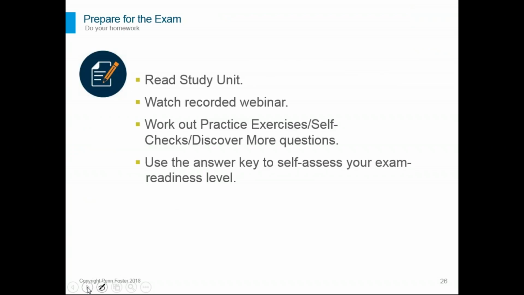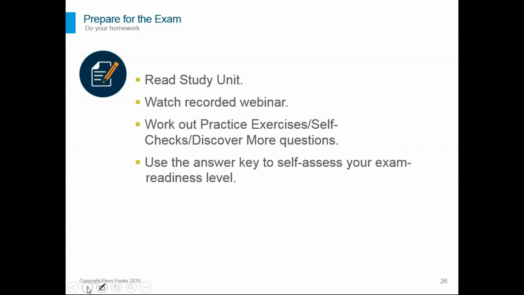How to study for the exam. Of course, you want to read the unit. Of course, you want to do the reading. Do not depend on the memory of middle school or elementary school of these things. We need to refresh your memory. You need to do the practice questions or discover more questions provided in the lesson. They are meant to give you some practice for the exam. They are not graded. They are not required, but they're expected to be done as part of the lesson.